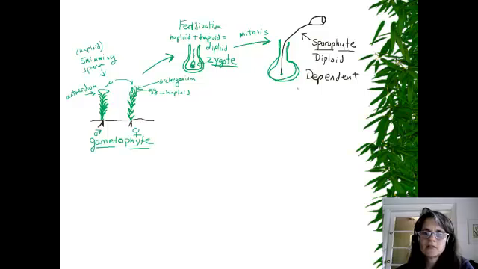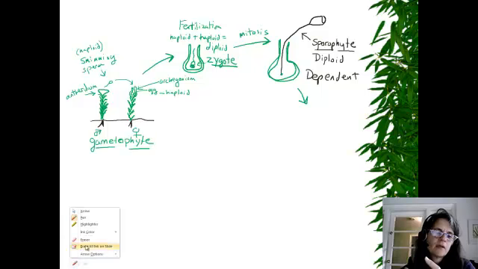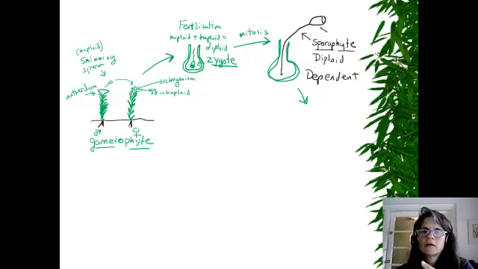Now, our next stage is that something is going to happen within this region of the sporophyte up here. This region of the sporophyte, where it is enlarged right here, is called the spore capsule. Now, I need to give you a little heads up. This is going to create spores.